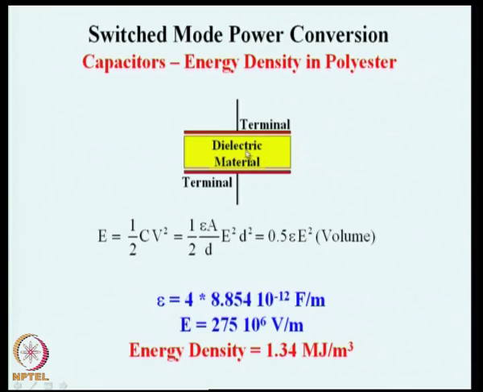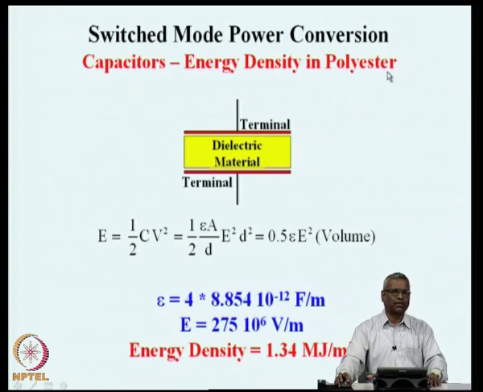On the other hand, if we use special dielectric materials, for example polyester, which is one of the widely used dielectric materials, the energy density can go as high as 1.34 megajoule per meter cube. This is almost 10 power 6 times higher than what can be stored in air.